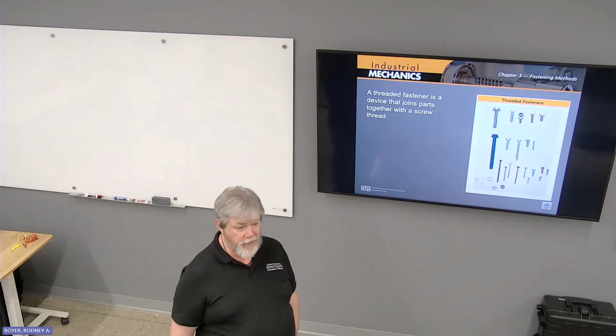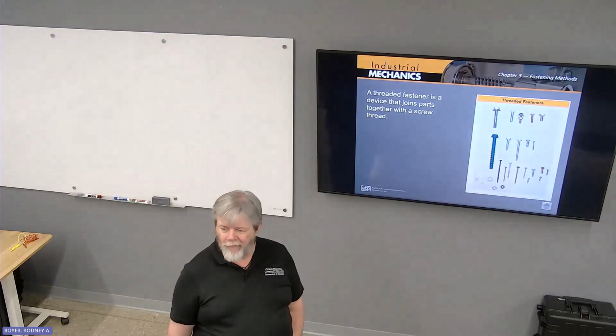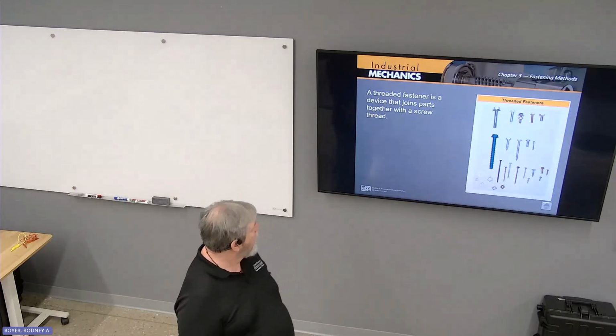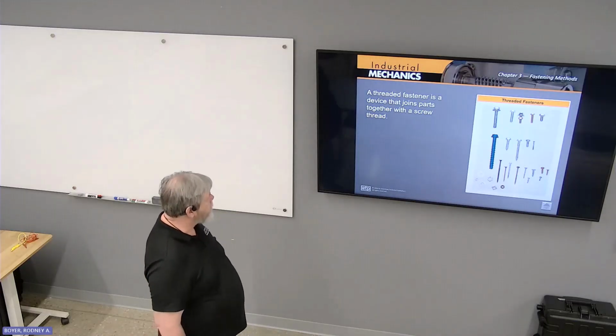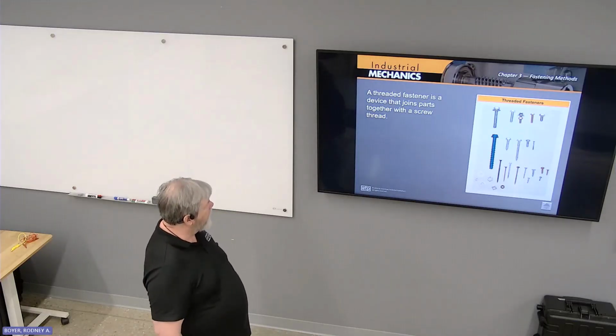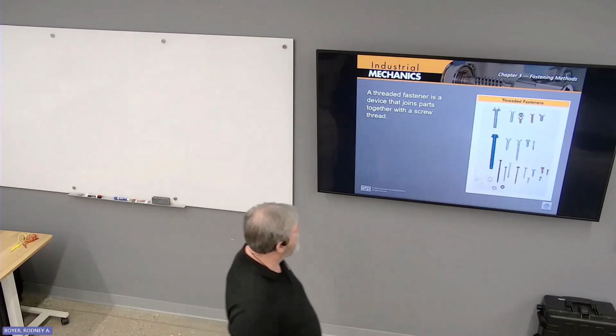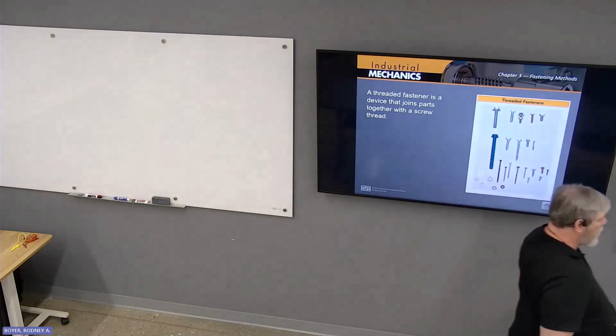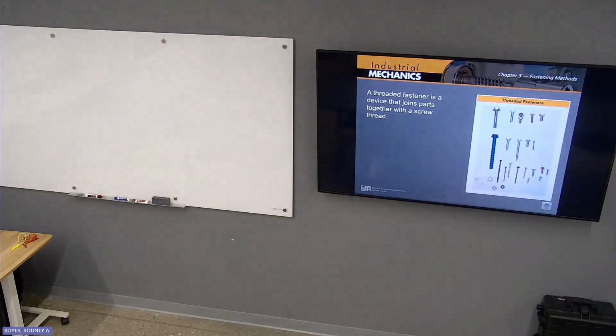Without realizing it, you've seen probably a bazillion of them through your life. Does anybody want to take a stab at what the various names of those fasteners are? Machine screws? Or like roofing screw?